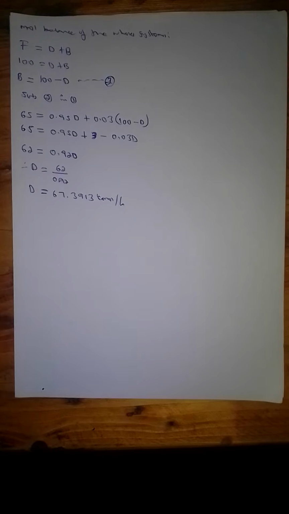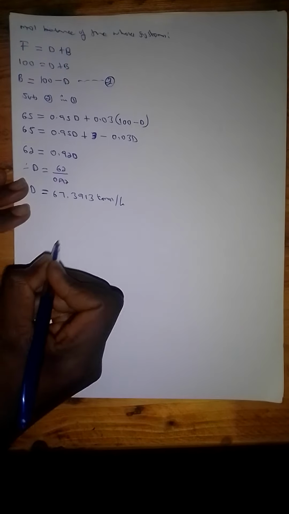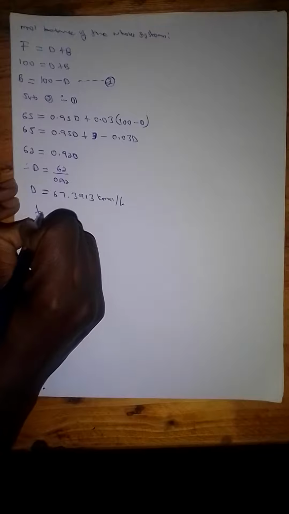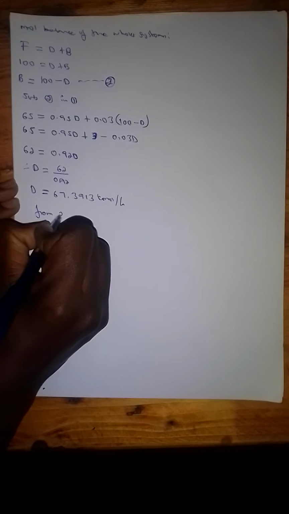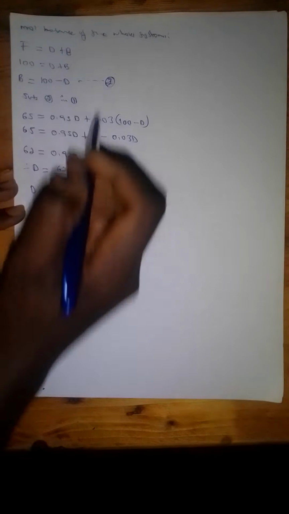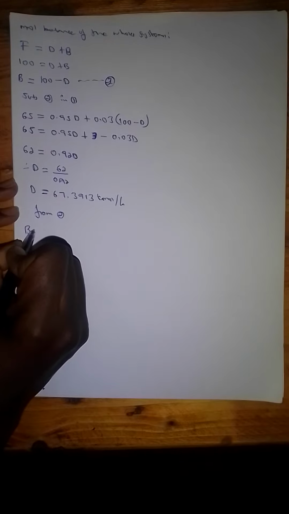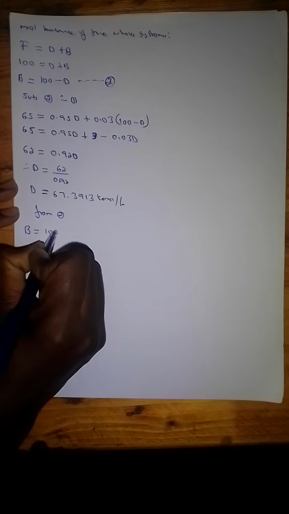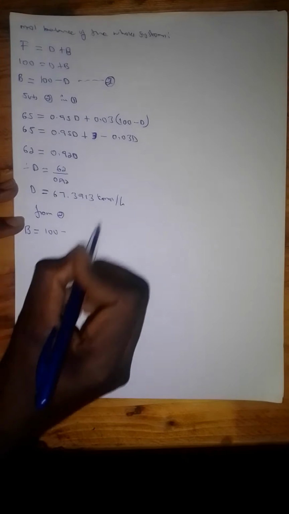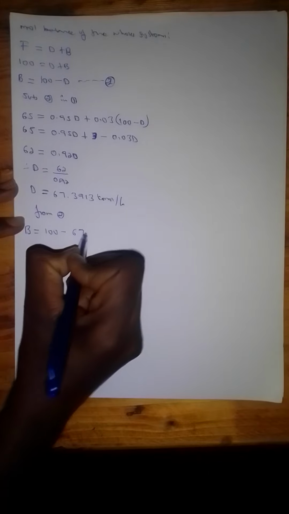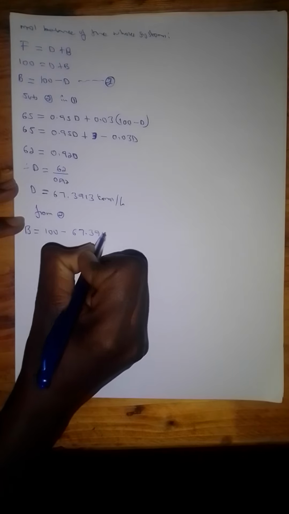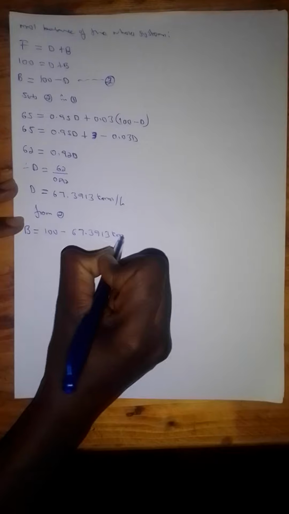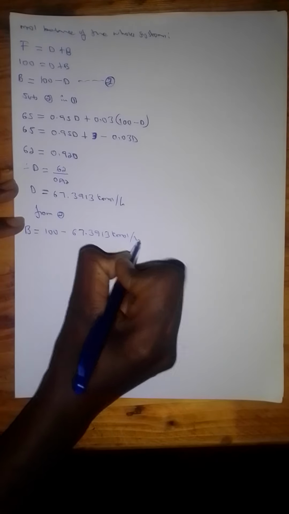Now that we have the D, we can just simply say from 2, remember this is actually the equation for B. From 2, we can just say B is equals to 100 minus our D. We already know it as 67.3913 kilomole per hour.